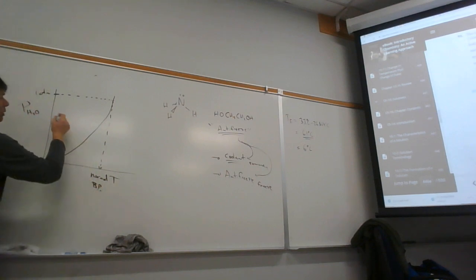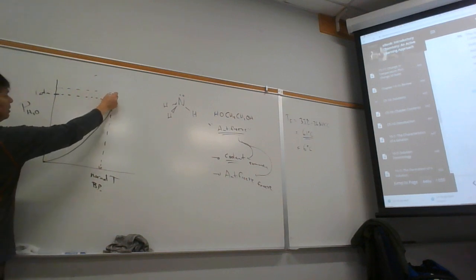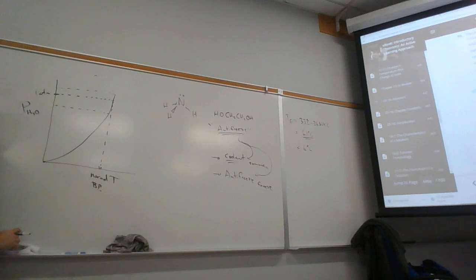But we can determine the boiling point at any other pressure. For example, at higher pressures, the boiling point increases. At lower pressure, the boiling point decreases. And so this curve, the vapor pressure curve, would be a fixed property of water, where we can predict what the boiling point should be based on the pressure.